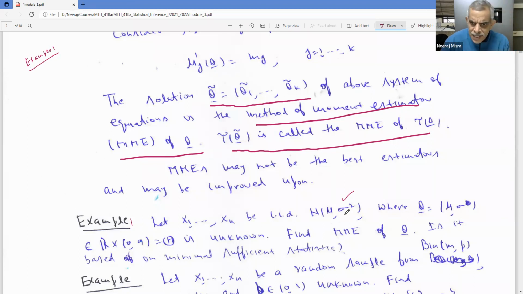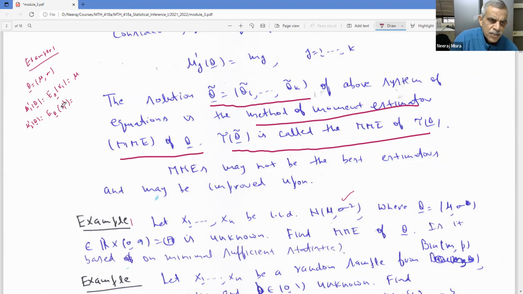So I need to calculate, there are two parameters. Let us see whether first two population moments depend on mu or not. So what is my mu1 prime? Theta is (mu, sigma). Mu1 prime theta is expected value of x1, which is mu. I calculate the second moment, which is expected value of x1 square.